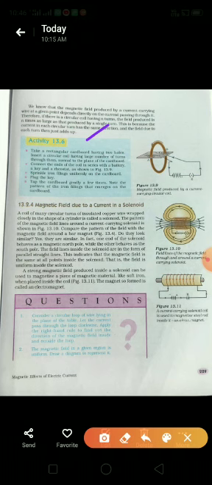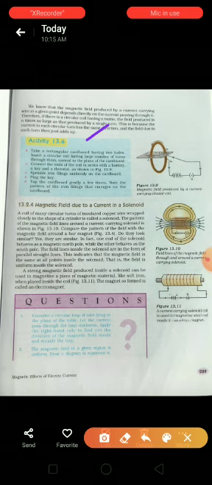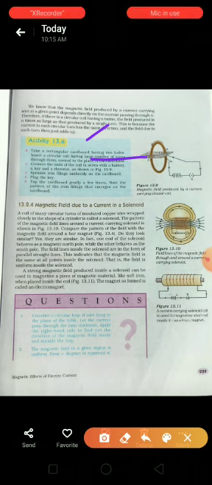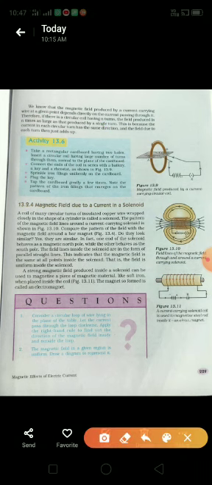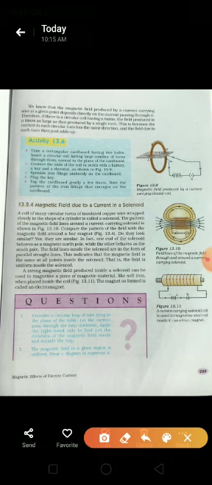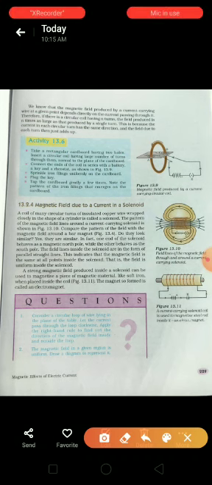You can see 13.3. Take a rectangular cardboard having two holes. Insert a circular coil having a large number of turns through them, normal to the plane of the cardboard. Connect the ends of the coil in series with a battery, a key, and a rheostat as shown in figure 13.9.